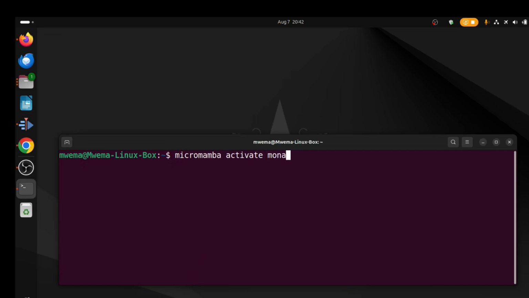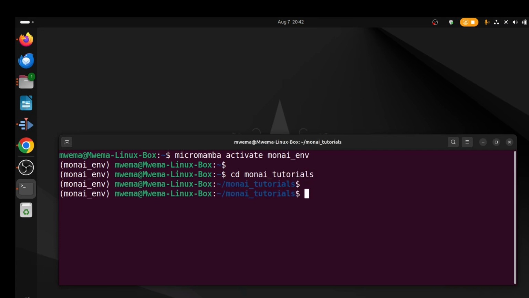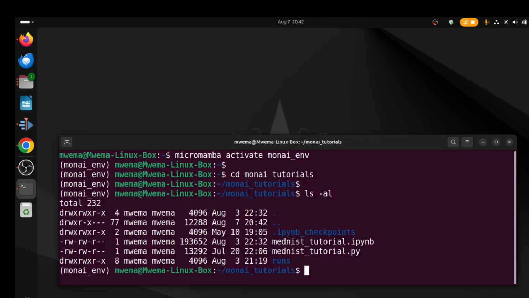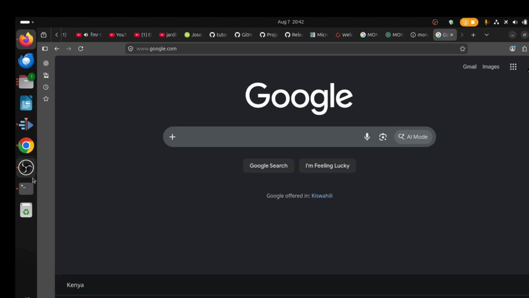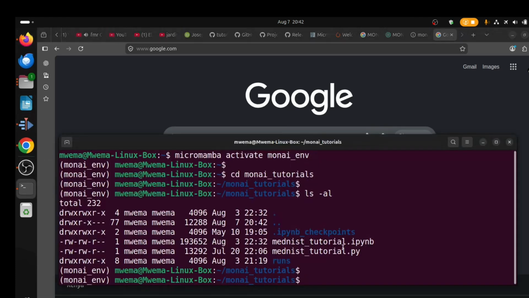I am starting by activating my MONAI Python environment. Once the environment is ready, I launch Jupyter Notebook.